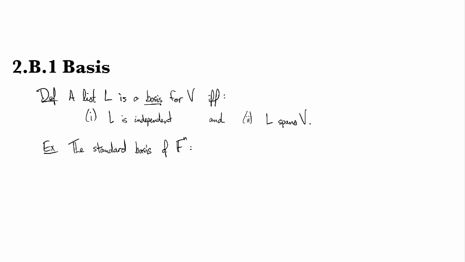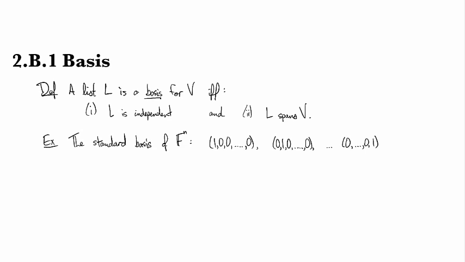Okay, so for example, we have the standard basis. So the standard basis for Fn is going to consist of the vectors that have a 1 in one slot and zeros everywhere else. So 1 and then zeros out to the end, and then 0, 1, and then zeros out to the end, and so on and so forth. So the very last one in the list would have zeros everywhere except in the final position, like that.